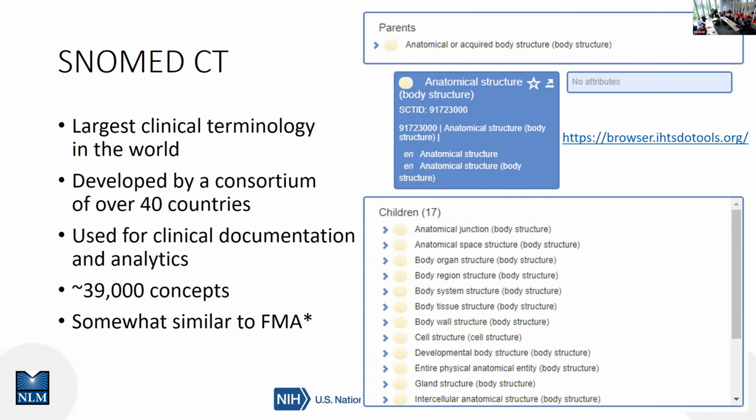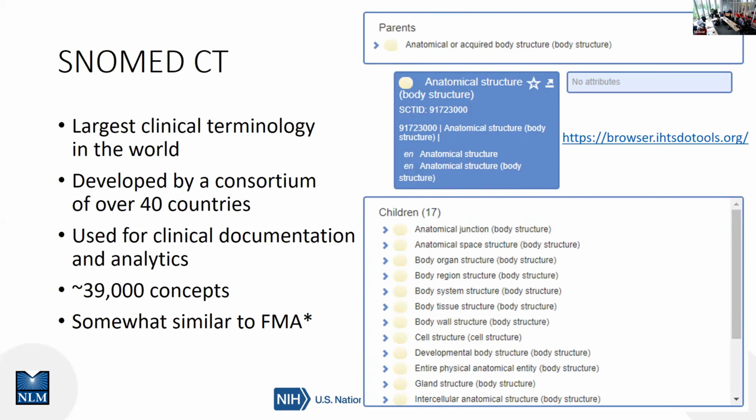And if you want to relate to existing patients and relate to electronic health records, you will need something like SNOMED to be able to reach into these records.